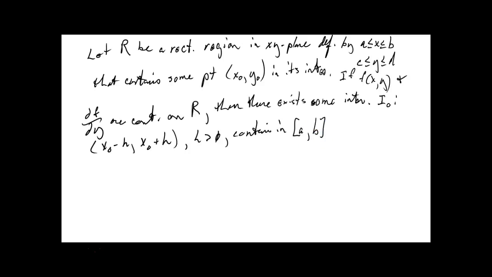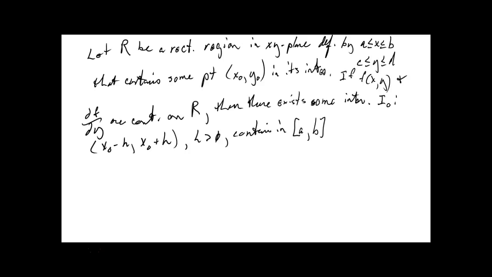I don't think we allow it to be on the boundary either. That's one of the reasons we had to have x0, y0 in the interior, because if it was on the boundary, you couldn't add or subtract an h and still be inside. If x0 was a, this one's going to be outside.